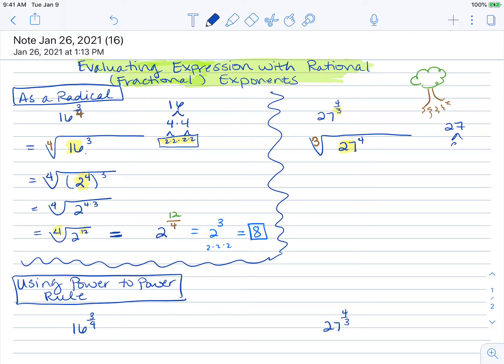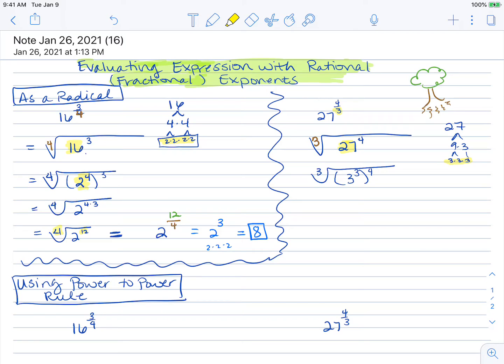27 is the same as 9 times 3, which is the same as 3 times 3 times 3. So I can rewrite my 27 in terms of a power and say, well, that's the same as saying I've got the cubed root of something to the 4th, and that something is 3 to the 3rd.